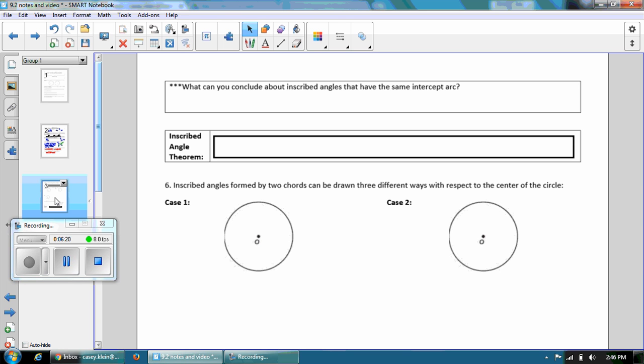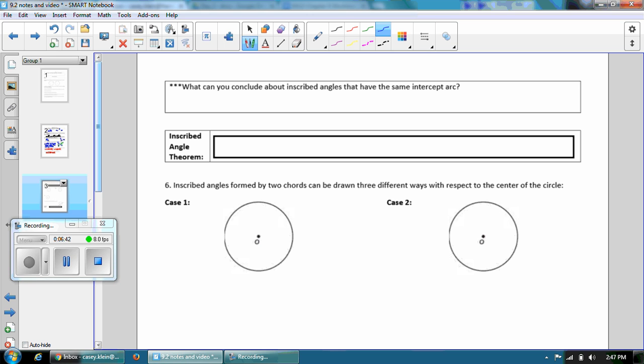What can you conclude about inscribed angles that have the same intercepted arc? The overall conclusion, if they share an intercepted arc, their inscribed angles are going to be congruent and vice versa.